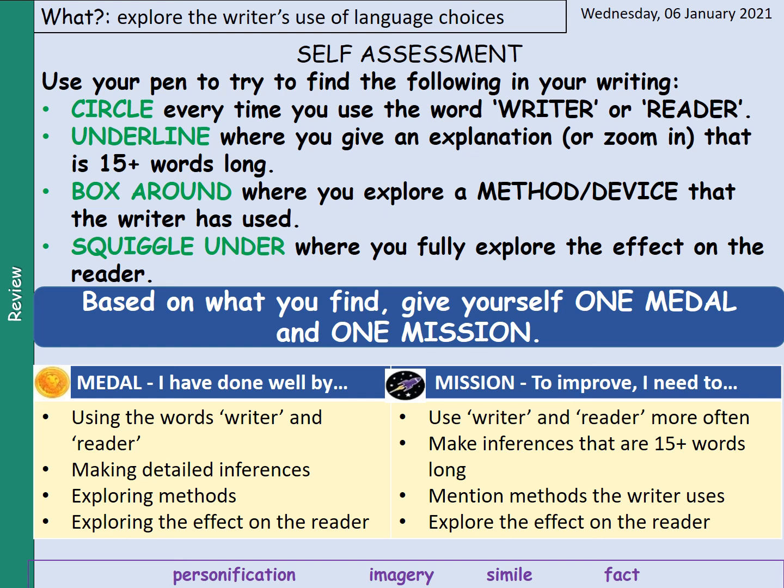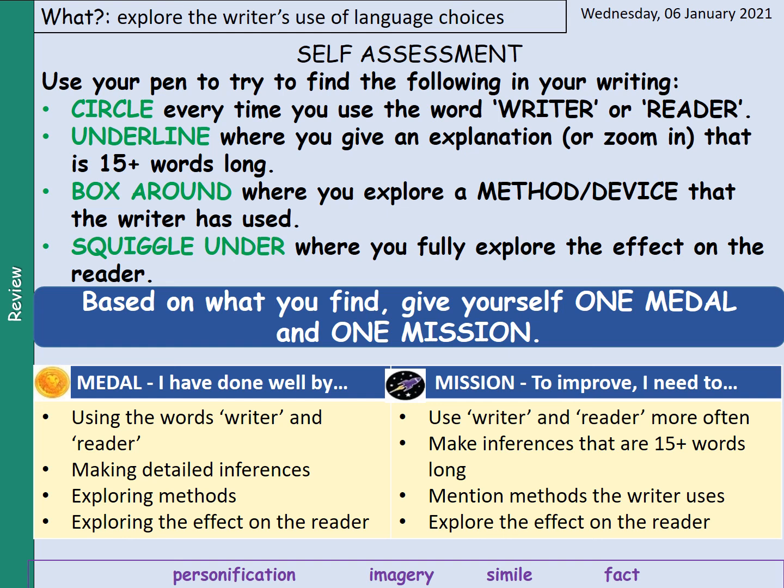Have you included everything you needed to? Once you've done that, I want you to give yourself a medal and a mission from the following. So your medal could be you have used the words writer and reader, you've made detailed inferences, you have explored the methods, and you've explored the effect on the reader.